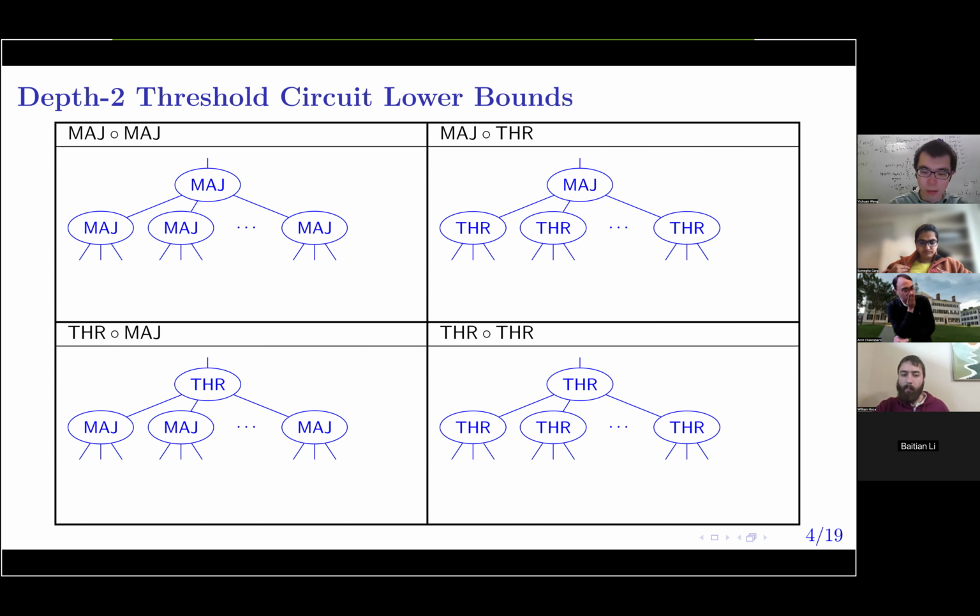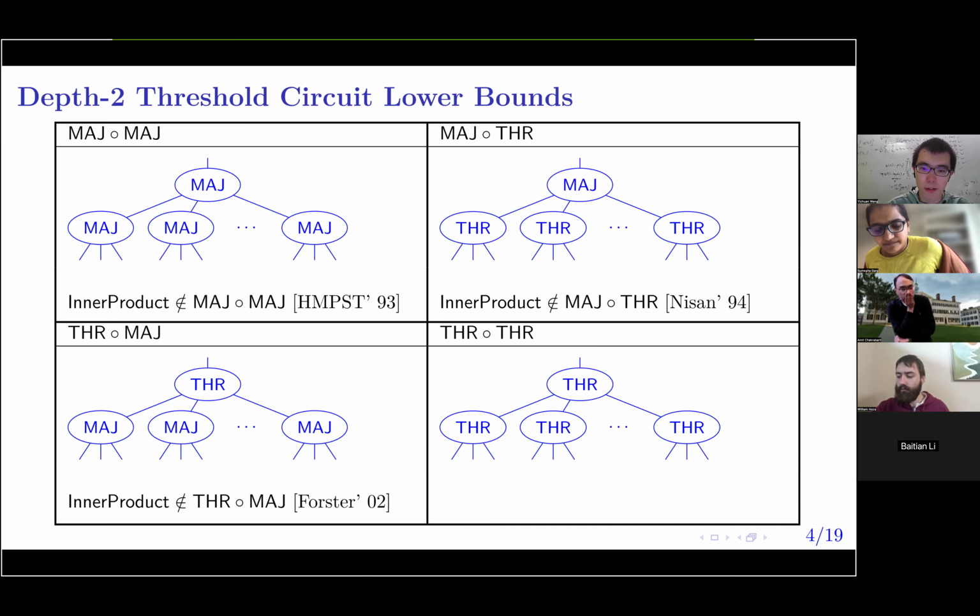Let's see what we already know about those four types of depth 2 circuits. For the first three types, we already know some very strong lower bounds. The inner product function cannot be computed by those circuits. Here the inner product function is just the inner product over F2.